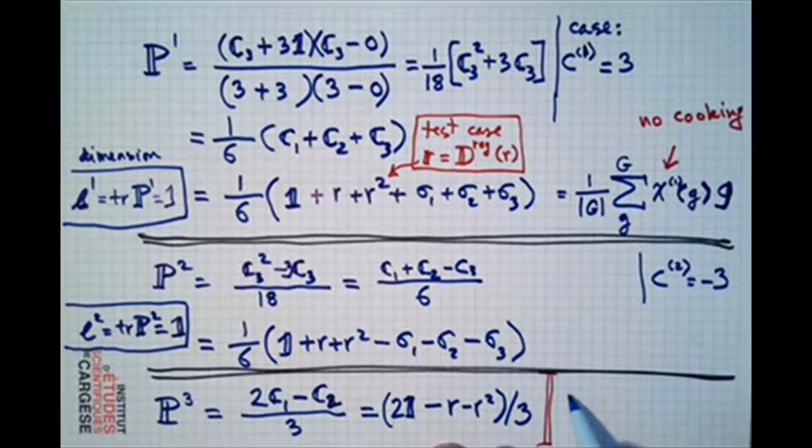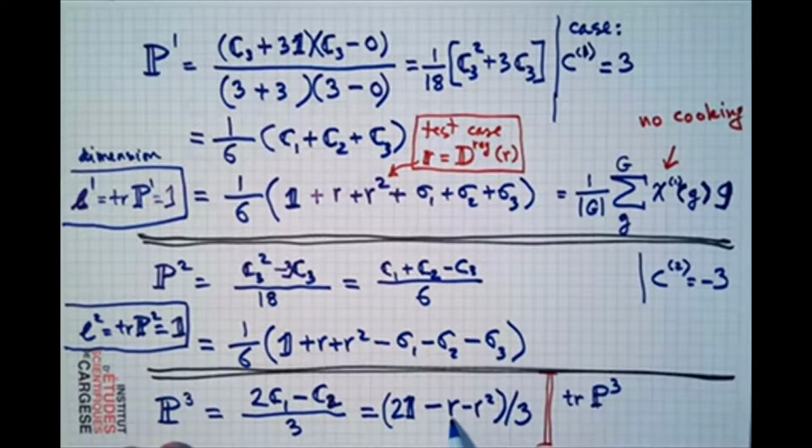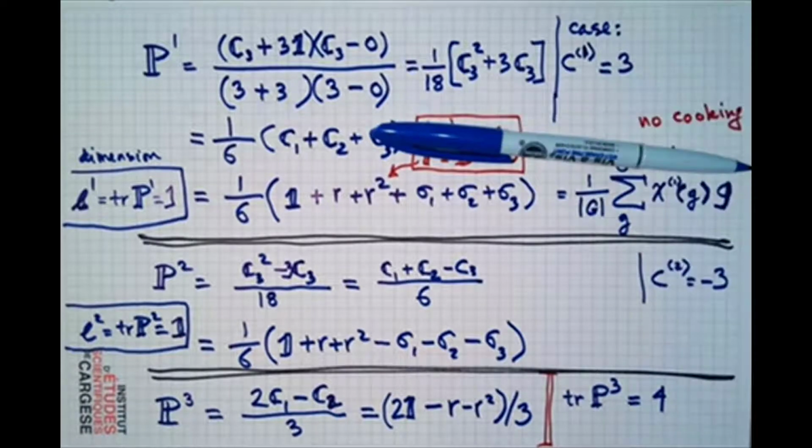So if I look at this guy, P3, in the regular representation, then trace of this is 0, trace of this is 0. So I get 2 times 6 divided by 3. And this is 4-dimensional. So what's going on? We haven't done a full reduction yet.